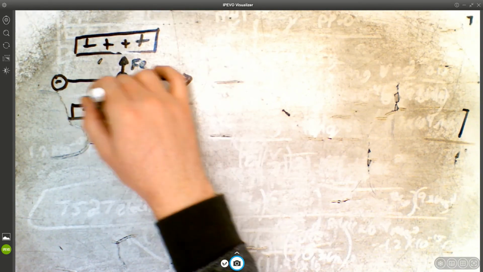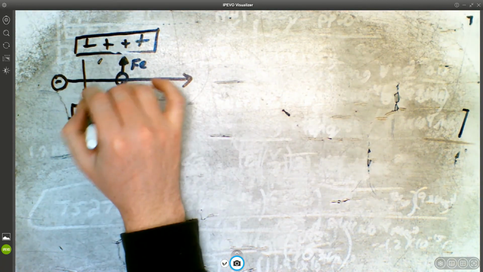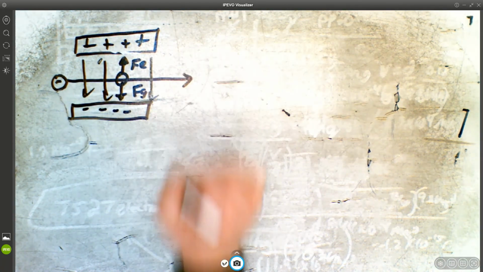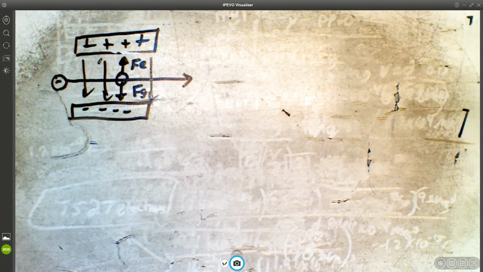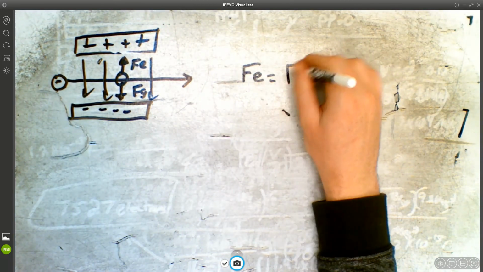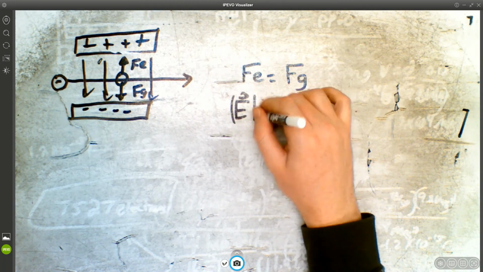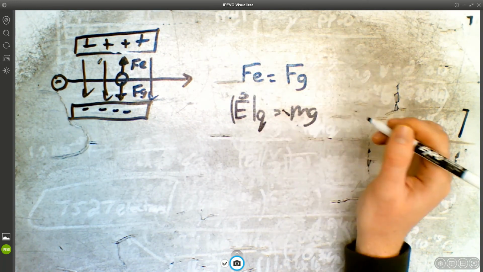If it's force electric up, then it's going to be like that. So that's our free body diagram. Let's draw our field lines. Our field lines are the direction a positive charge would go, so it would be downwards. And we want to determine the potential difference between the plates. Fe is equal to Fg. EQ is equal to mg.